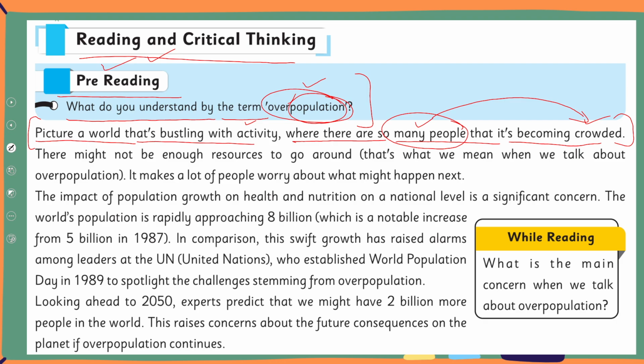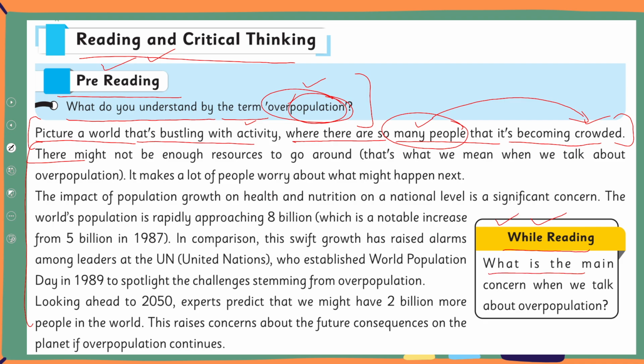Now, all these remaining sentences, dear students, you have to read by yourself from the book. Go through that and understand the whole concept with details. While you are reading the text, do this and answer this while-reading question.